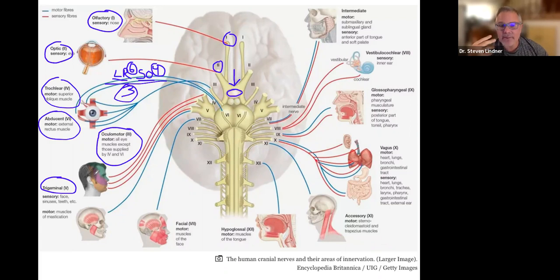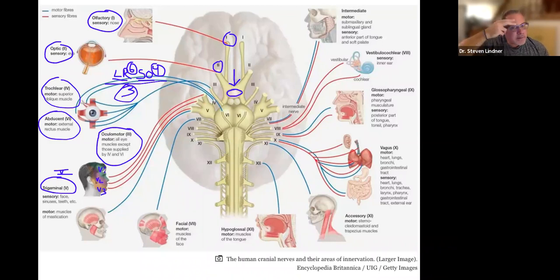And the trigeminal nerve deals with sensation to these 3 parts of the face. Trigeminal nerve is cranial nerve 5, we call it V. So we have V1, V2, and then we have V3. 3 different parts of the trigeminal, which is why it's called trigeminal, because there's V1, V2, V3.